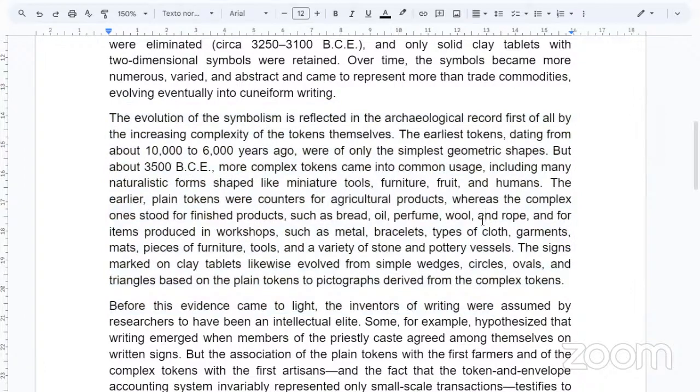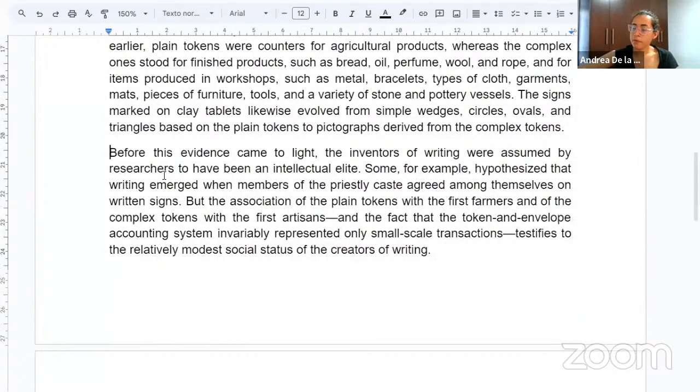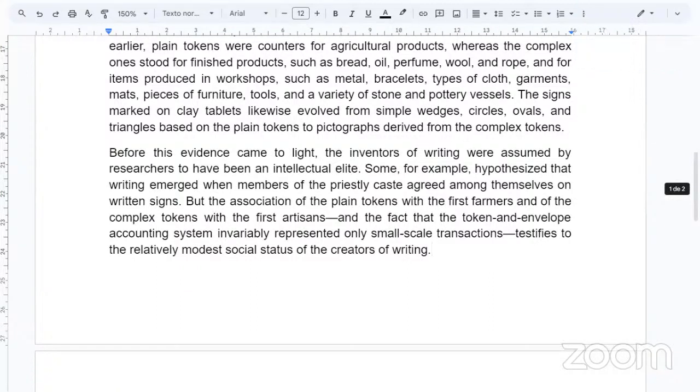The evolution of symbols. The evolution of symbolism. The next one. Maybe the last sentence too.